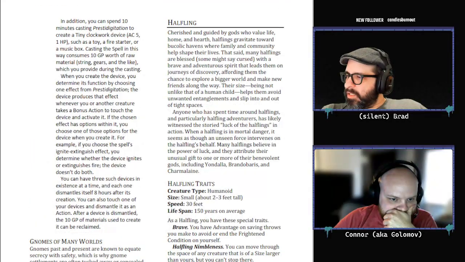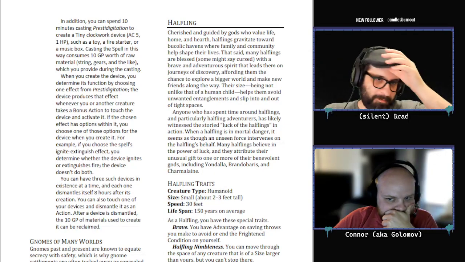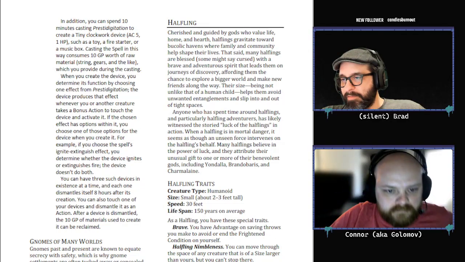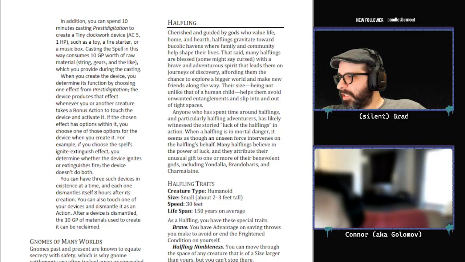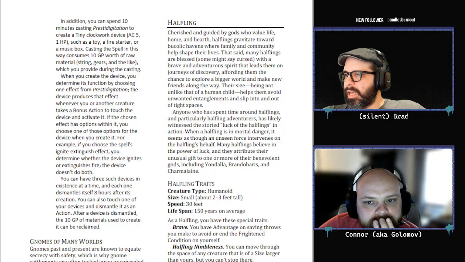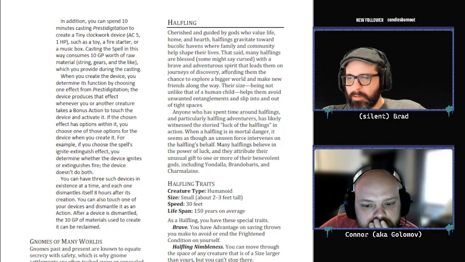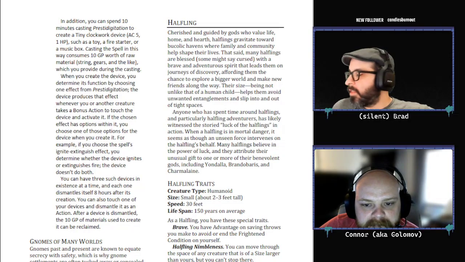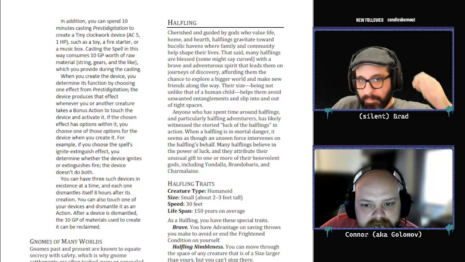And then we skip half-elf and go to halfling, because there are no longer half-elves. Halfling, humanoid. Something that nobody ever seems to realize is that halflings are smaller than gnomes in general. Exactly. A lot of people thought gnomes were smaller than them, thinking of garden gnomes.